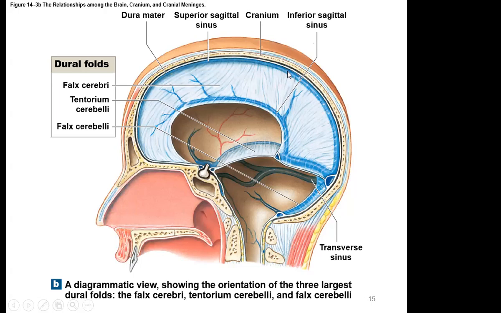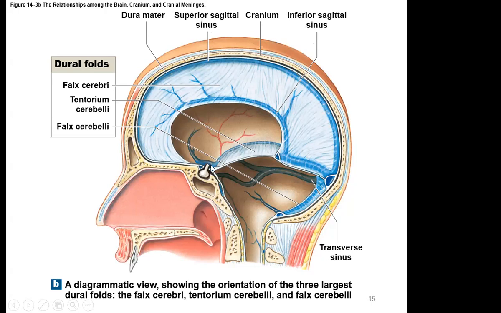Okay, up here, this dark blue line, this is your superior sagittal sinus, and this is your inferior sagittal sinus. So these sinuses, like I said, I'm going to explain in a minute why they're so important for our cerebrospinal fluid. You can see the transverse sinus right here. There are other sinuses as well, but these are the major ones that we are going to be talking about.